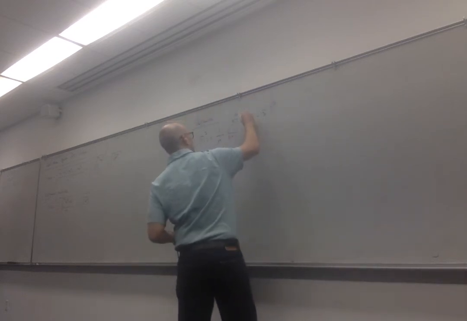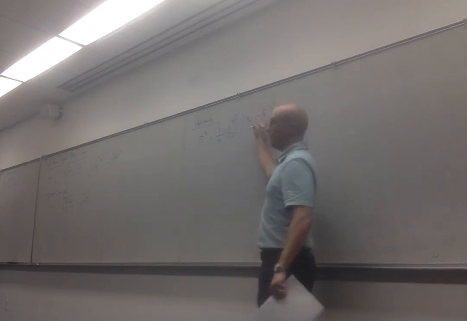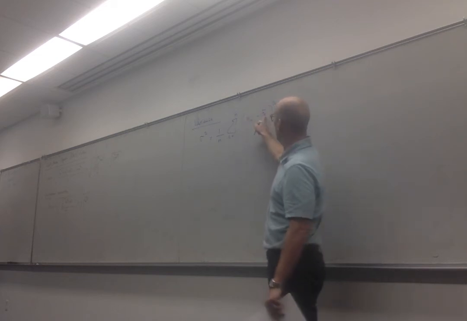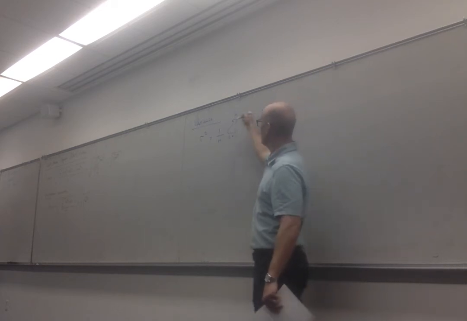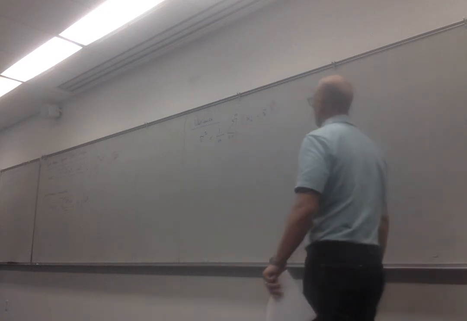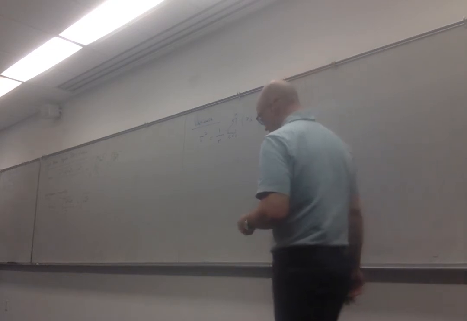If you have a sample or a population, you calculate the average of the whole sample. For each value, you take that value minus the average and square it, and then you take the average of those squared differences. You get what's called the variance.